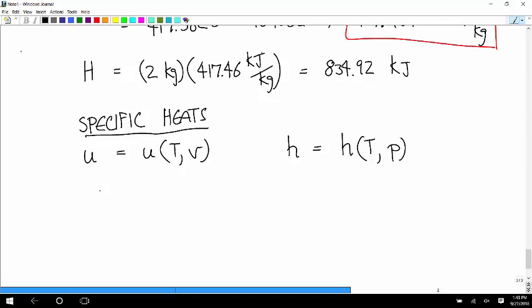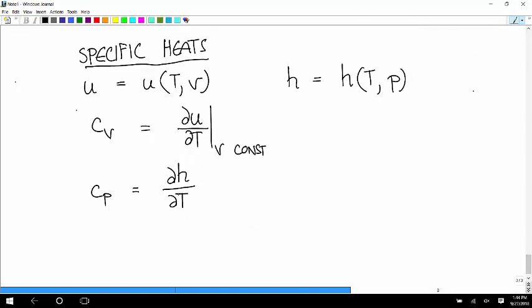And so the specific heat at constant volume is defined as the partial derivative of the specific internal energy with respect to temperature, holding the specific volume constant, and the specific heat at constant pressure is the partial derivative of the specific enthalpy with respect to temperature, holding the pressure constant.